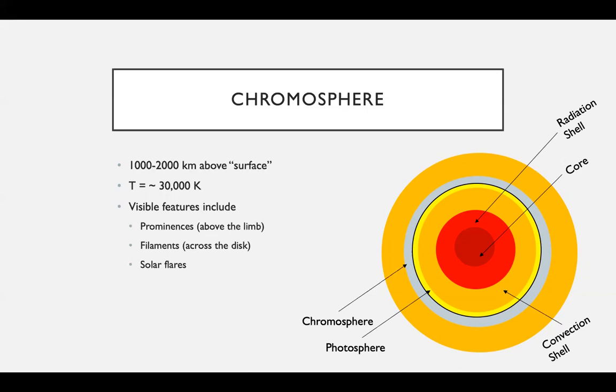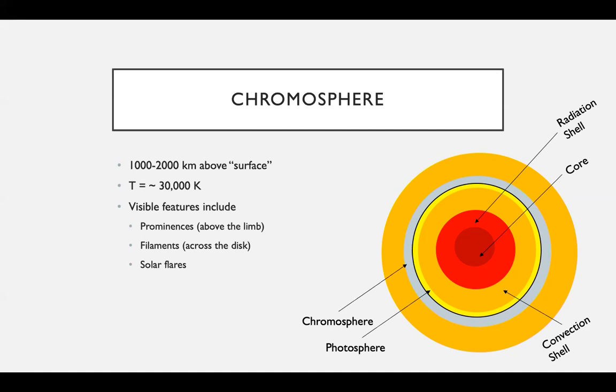These two are essentially the same thing, long, big streaks of plasma, but when they occur around the limb of the sun, on the outside of the disk, they appear bright against the backdrop of the darker sky, and filaments appear slightly darker because they're seen across the disk of the sun.